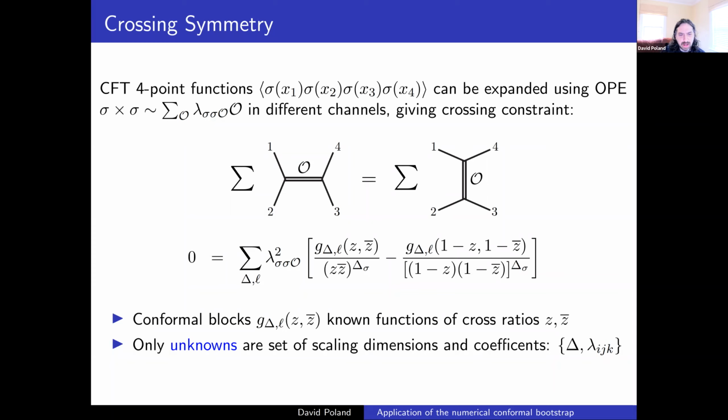Key elements in these bootstrap equations are the conformal blocks, which are special functions that we have to compute in terms of the cross ratios. And the unknowns in these equations are the set of scaling dimensions and OPE coefficients.